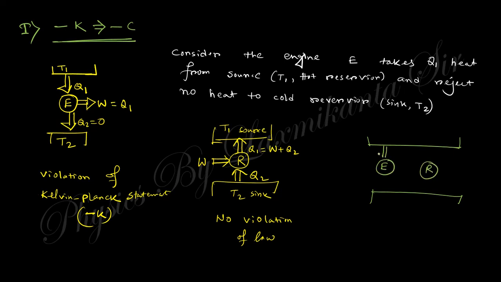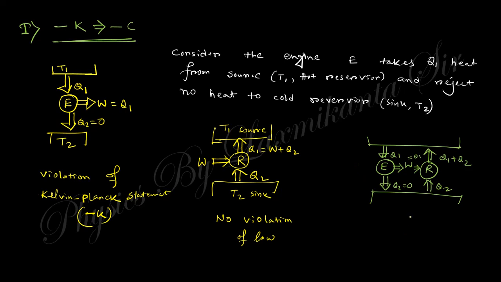Take heat Q1 from here, do work, and this work is supplied to the refrigerator. Here Q2 equals 0, and you can see W equals Q1. So the refrigerator gives W plus Q2, which is Q1 plus Q2.